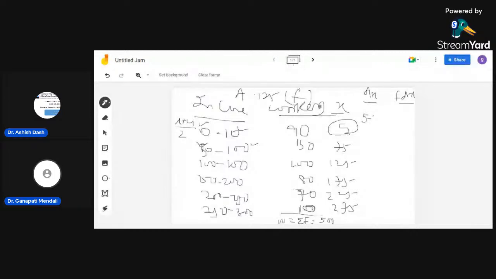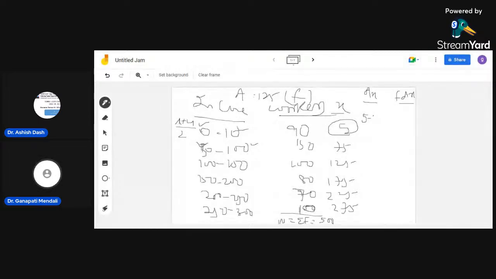No, sorry, x is given. Sorry, this is not 25. There is some problem here. So here x is equal to 5, and 125, let me check, 250, 250, 125.